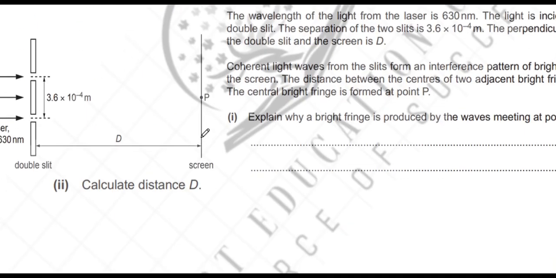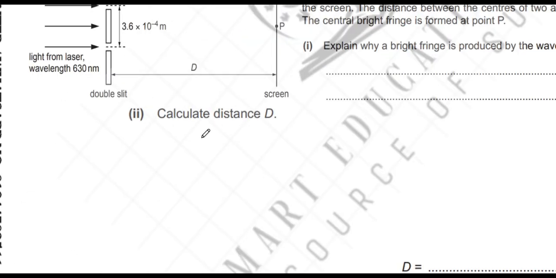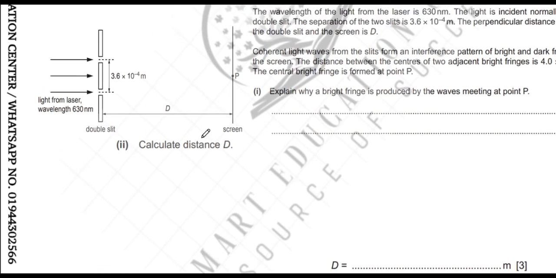The next question asks, explain why the bright fringes are produced by the waves. Obviously, we are having constructive interference. That's why. And then another question asks, what is the distance d?